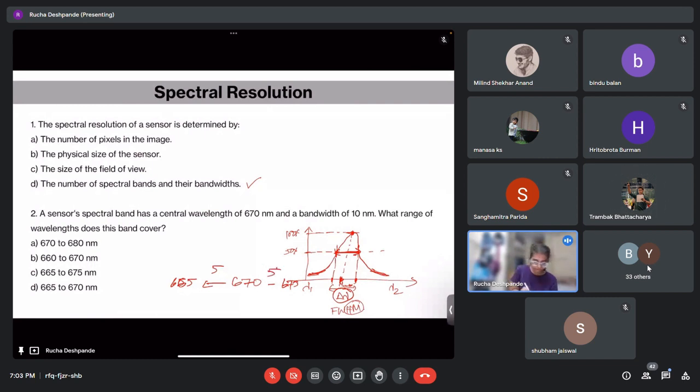So it will range from 665 to 675, that is 670 minus 5 and 670 plus 5.